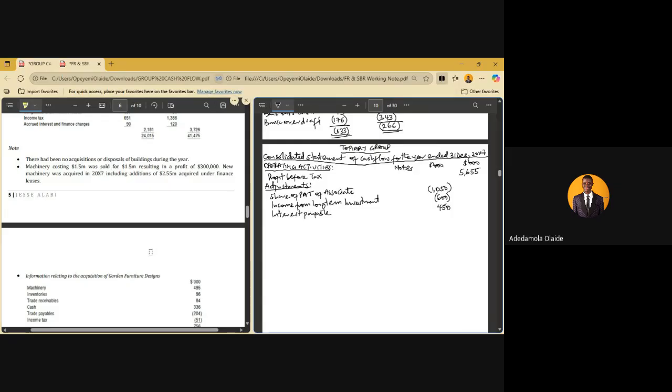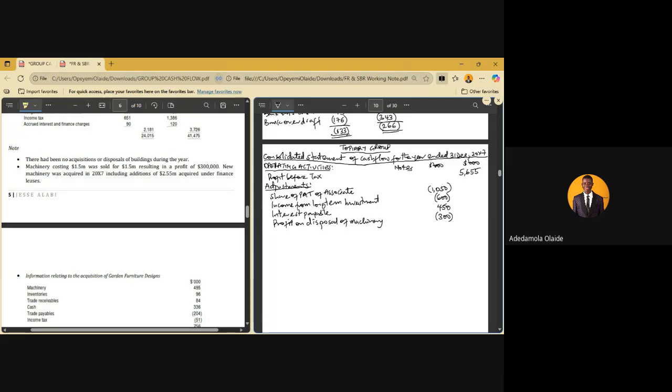Automatically, you know that profit is a non-operating activity. So we say profit on disposal of 300. It should have been added before, we'll deduct it.